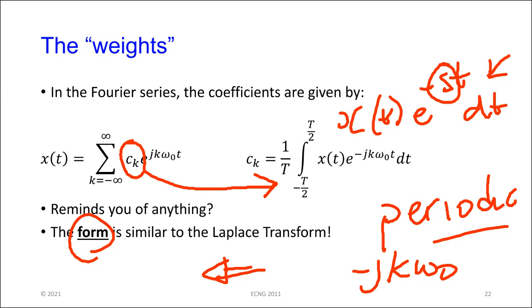In this case, if I take away the minus sign, the same s, and for the Fourier series, if I take s and replace it with jk omega naught, you get the coefficient inside of there. And of course, because it's periodic, you have to integrate over the period of the signal. Fair enough? Make sense? Yeah, no, maybe.